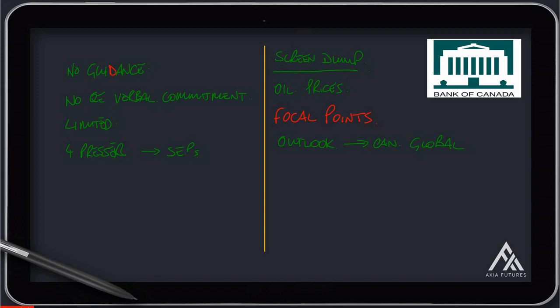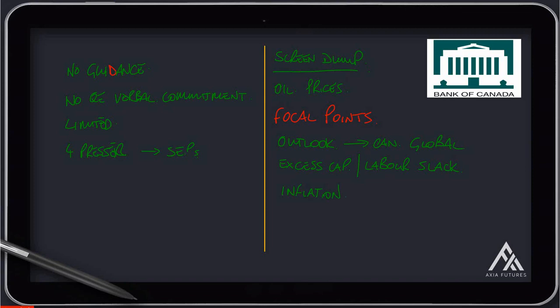Beyond that, they also frequently reference excess capacity and labour market slack, giving you a clue as to how they're seeing inflation moving. Beyond that, they do also reference inflation as well.